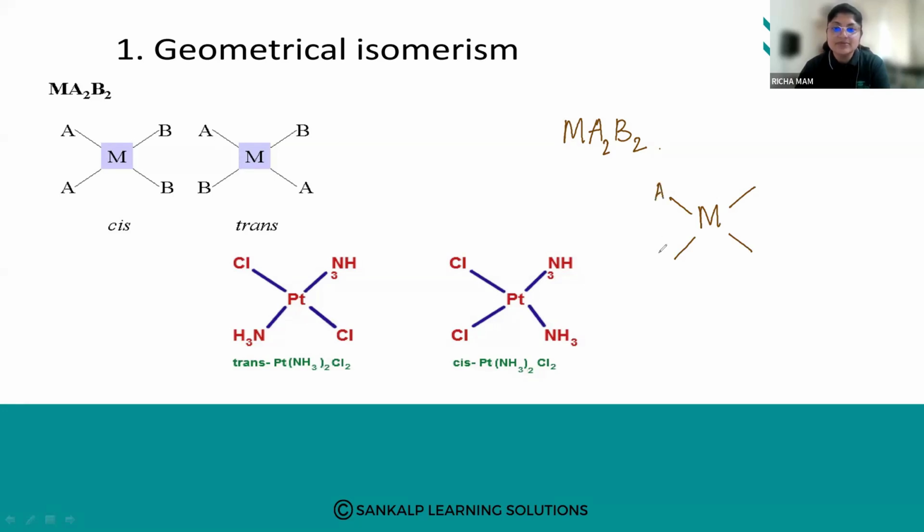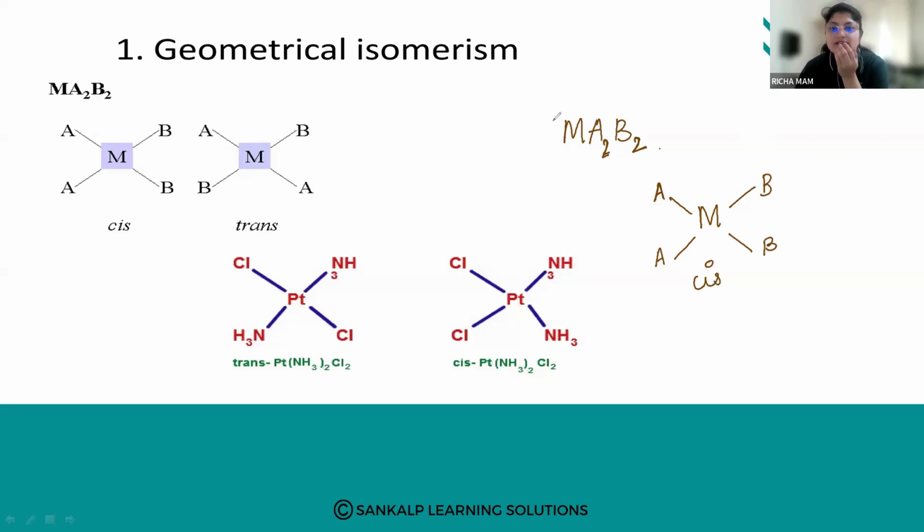If ligand A is on one side and ligand B is on another side, this type of arrangement is called a cis arrangement.